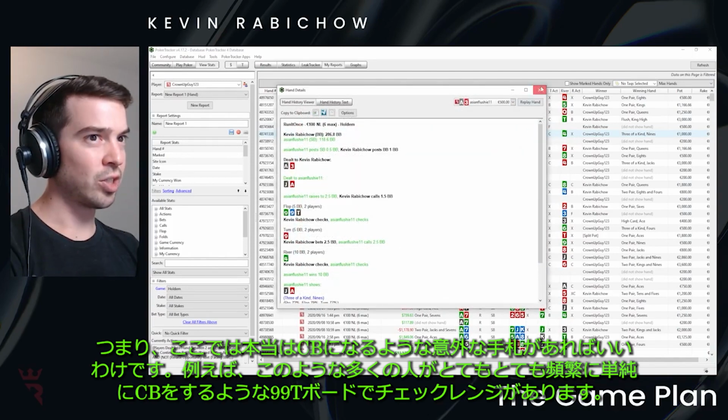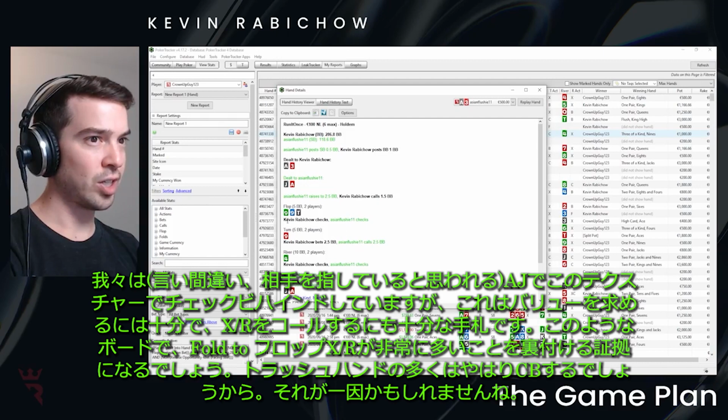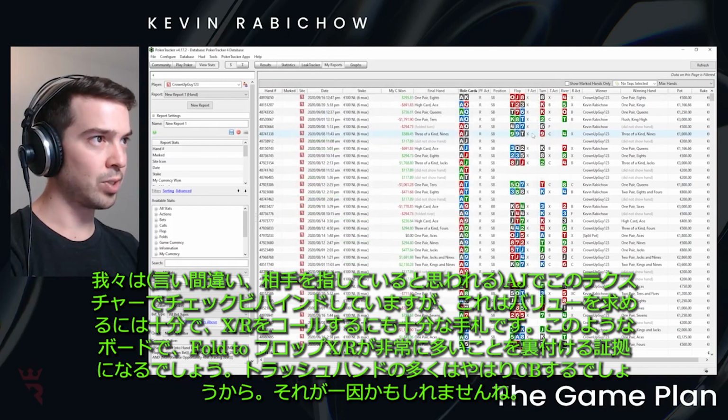For example, having a checking range here on 9-9-10, a board that a lot of people would c-bet very, very often. Now we've checked behind this texture with ace-jack, which is good enough to go for value and good enough to call a check raise. Could, again, be supporting evidence for the flop fold to check raise being so high.